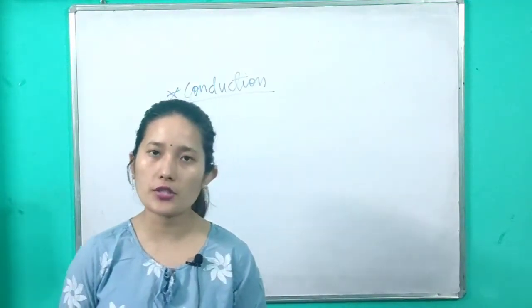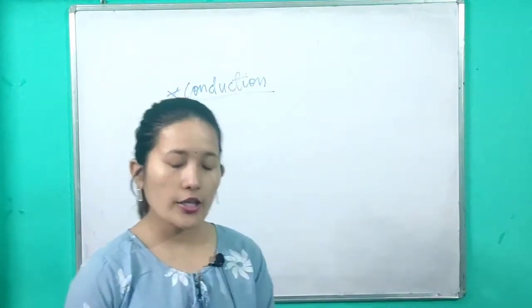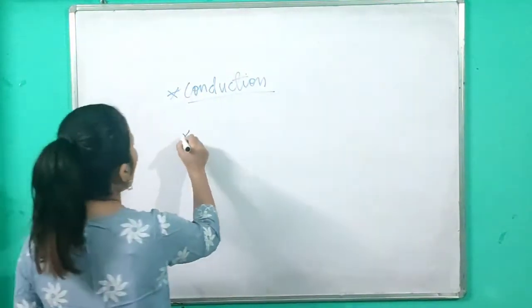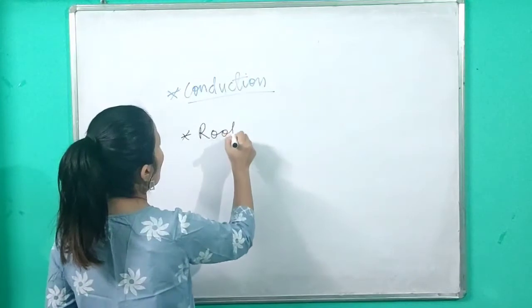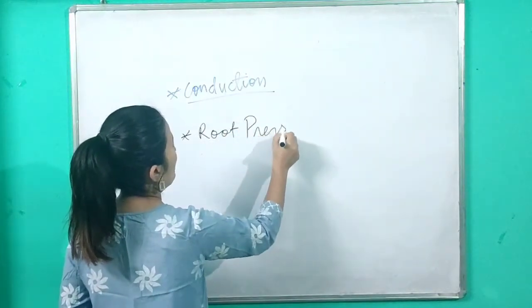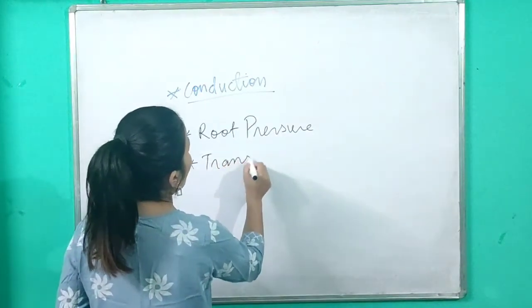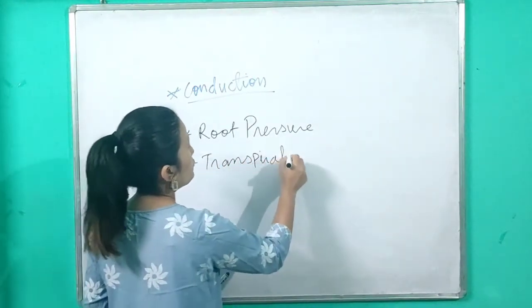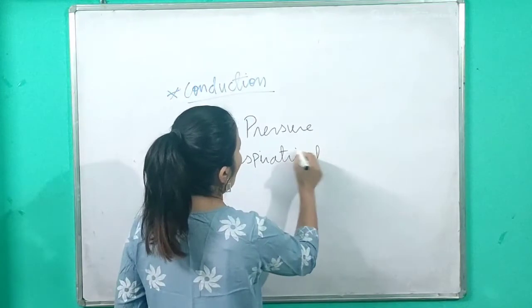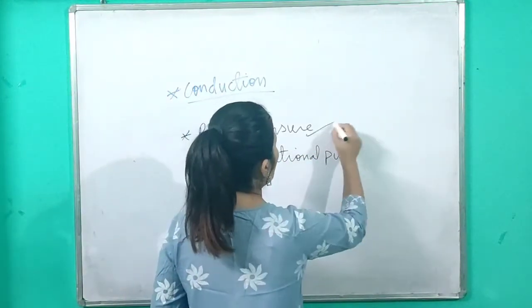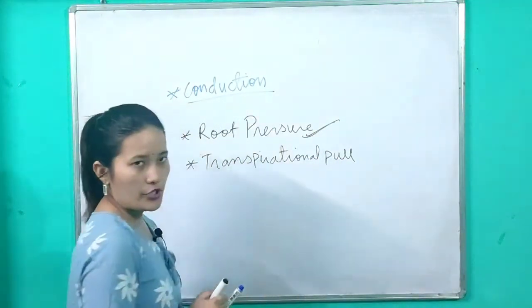There are certain forces which help in conducting the water. The main one is root pressure, which we have to discuss. You have another force also, referred to as transpirational pull, but you do not have to go through this. You will just be discussing the root pressure.